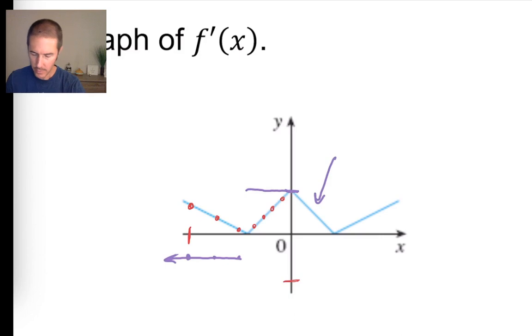And then on this interval here, it looks like we have a slope of -1. So I've drawn my purple line down there. Every point has a slope value of -1. And then on this interval, we're back to a gentler slope, except it is positive.